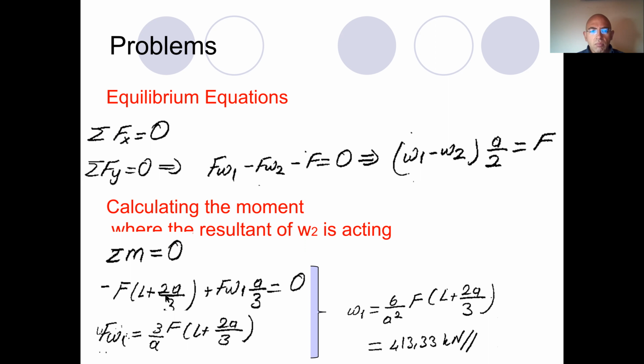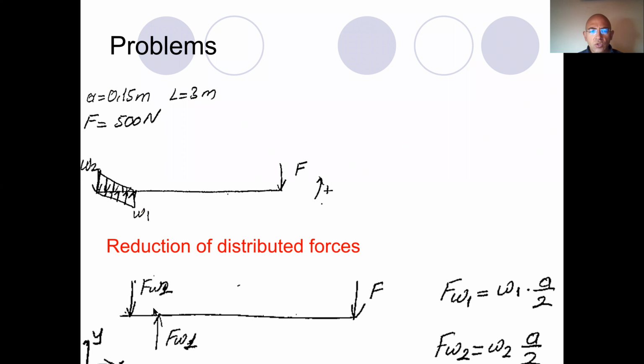We take the moment with respect to the location where W2 is acting, with respect to this point. Therefore, the moment generated by F has to be balanced by the moment generated by Fw1.